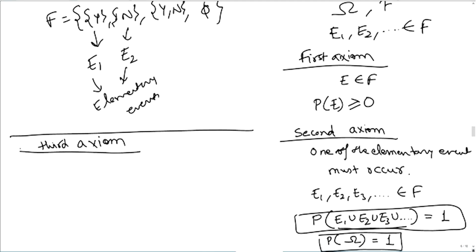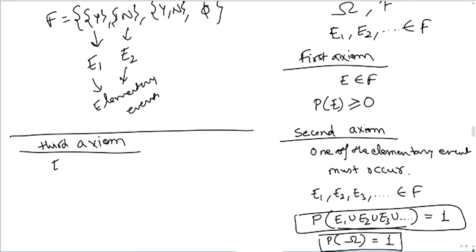The third axiom says that if you have mutually exclusive events, okay. What do I mean by mutually exclusive events? The events whose intersection is an empty set.